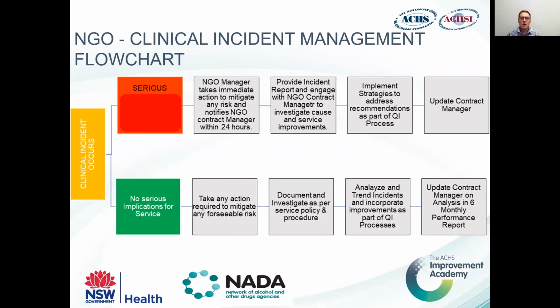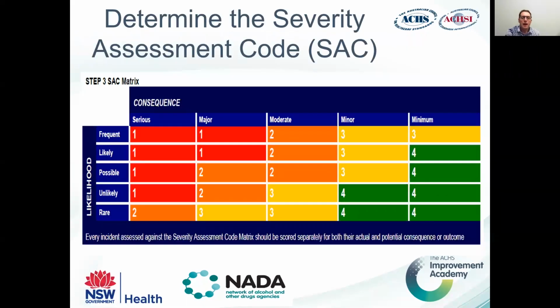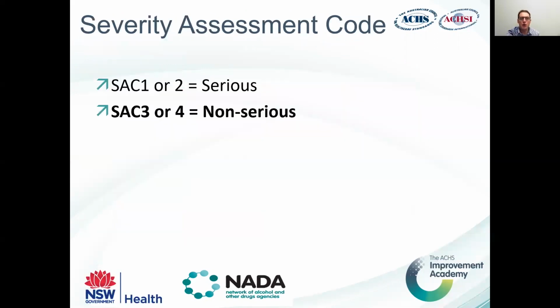Yeah, sure. I've showed you this diagram before. Again, this is just to make sure we're distinguishing between the serious and the non-serious ones, which I'm going to briefly talk about now. To remind ourselves, the way we determine this is via our SAC code. So we use the consequence and the likelihood to determine the SAC code.